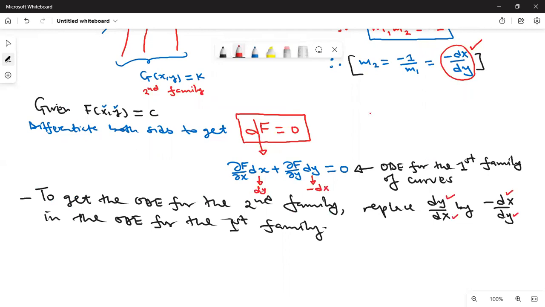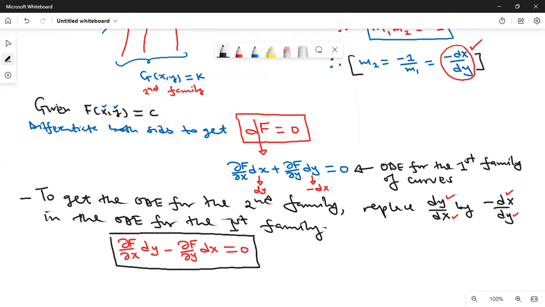That will give us the ODE for the second family. So we'll now have partial derivative of f with respect to x dy minus partial derivative of f with respect to y dx is equal to 0. So this is the ODE for the second family.